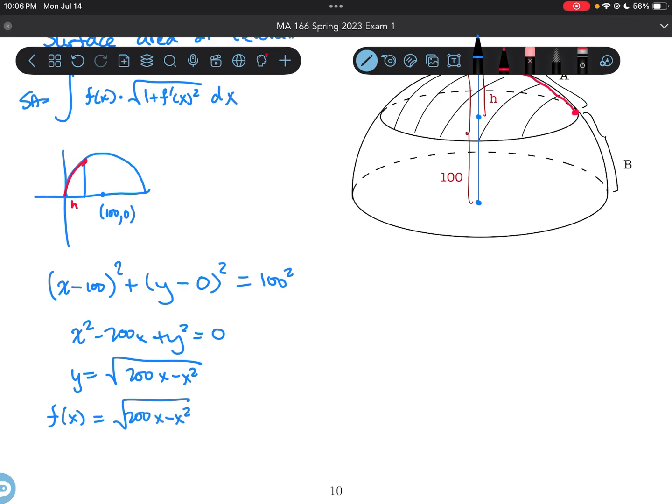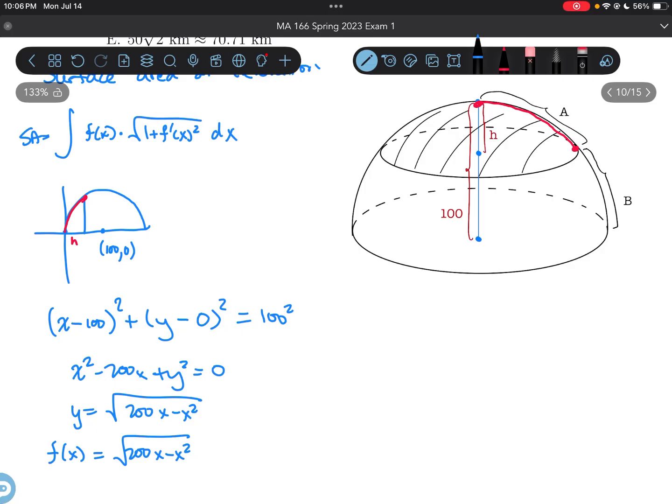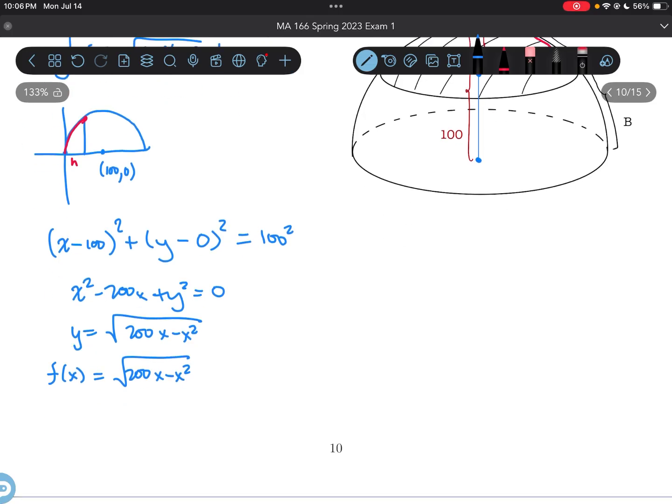Okay. So for our formula, we need f of x, but we also need f prime of x. To do that, I'm going to rewrite this as 200x minus x squared to the power of 1/2. Now I can use the power rule.